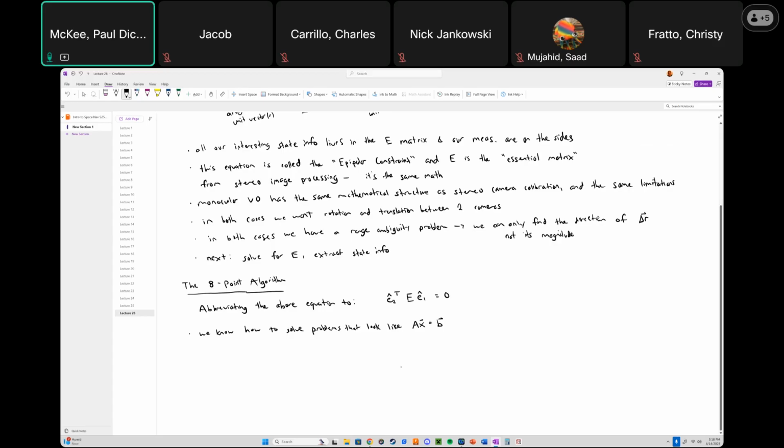You can solve that with least squares. And we may even know how to solve problems that look like AX is equal to a vector of zeros, which is what's called a null space problem. Maybe you've heard of this. If you are not familiar with AX equals 0 type problems, we will go over it later in this class. But this is what's called a null space problem.